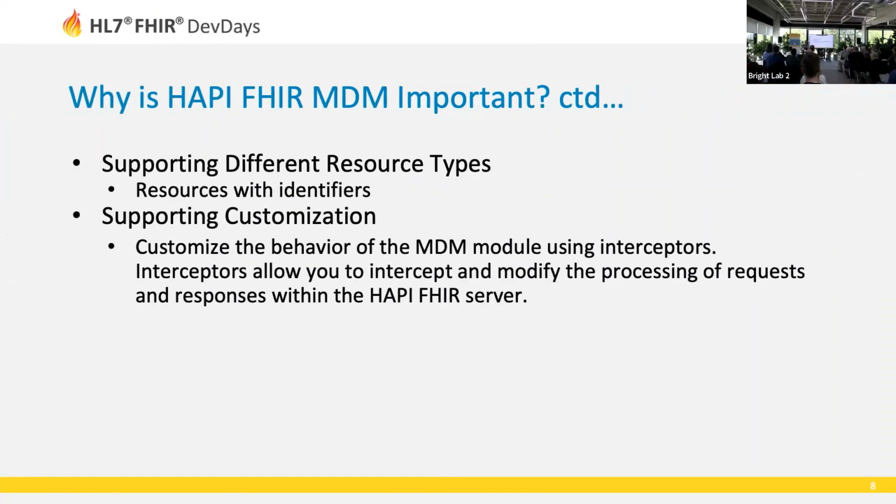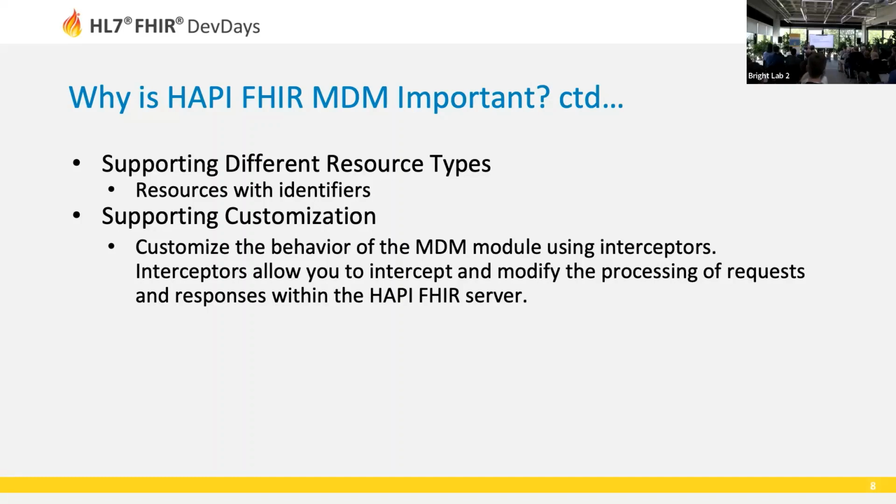What's unique about HAPI MDM is we really support different resource types. As long as they make sense, you can configure your MDM to use patient, practitioner, organizations, immunization, etc. HAPI MDM also supports customization. You can always use interceptors.